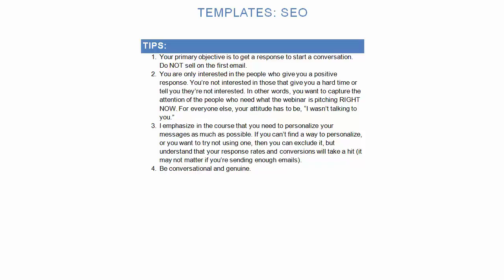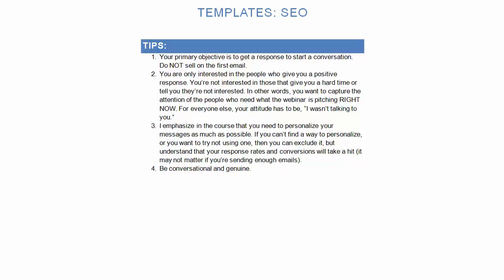And then the fourth thing is, you want to be absolutely conversational and genuine with these people. You don't want to be robotic and you don't want to sound too corporate or too salesy. My approach is a kinder, gentler approach, not so much bang you over the head and try to sell you something.